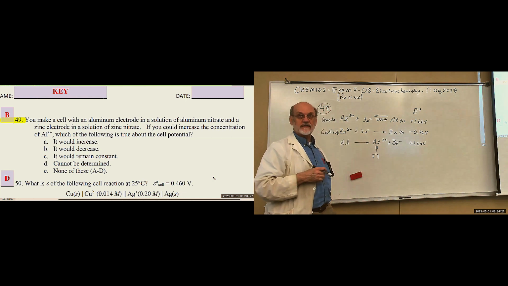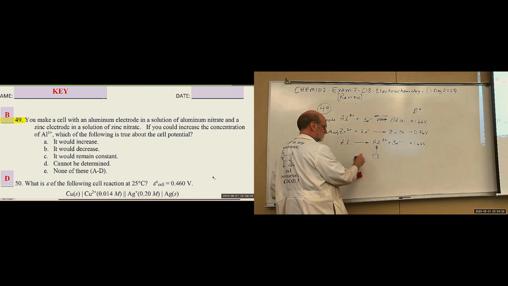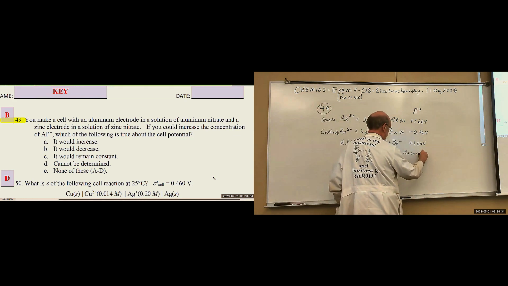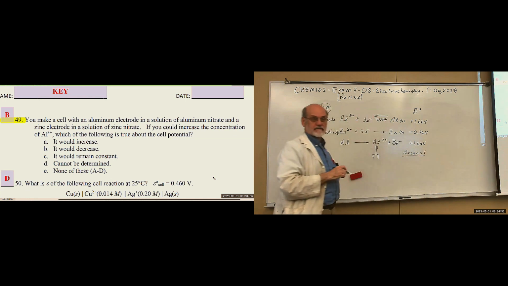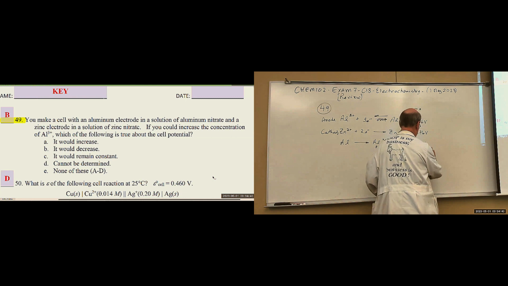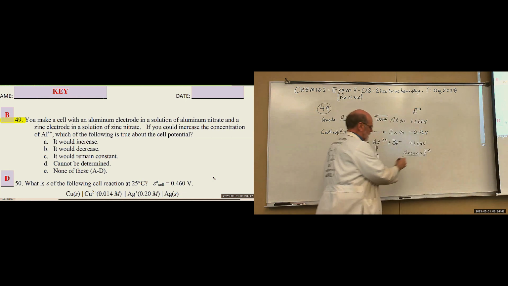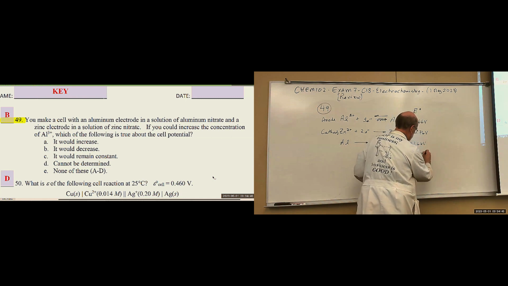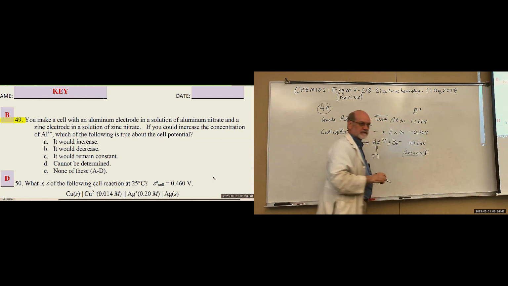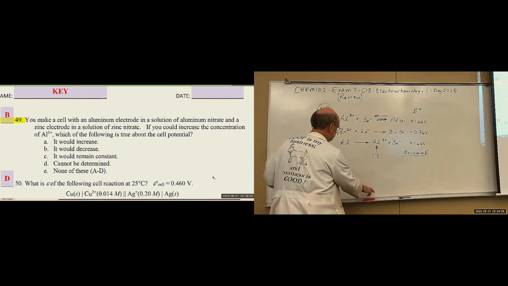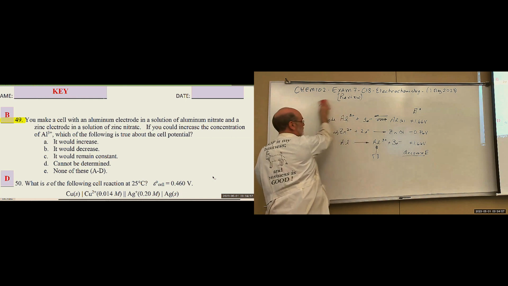We're going to decrease the voltage. Now I should put this. We'll decrease, actually, concentration doesn't matter. We're going to actually decrease the real voltage. Okay? I assume it's okay. I don't hear any objections.